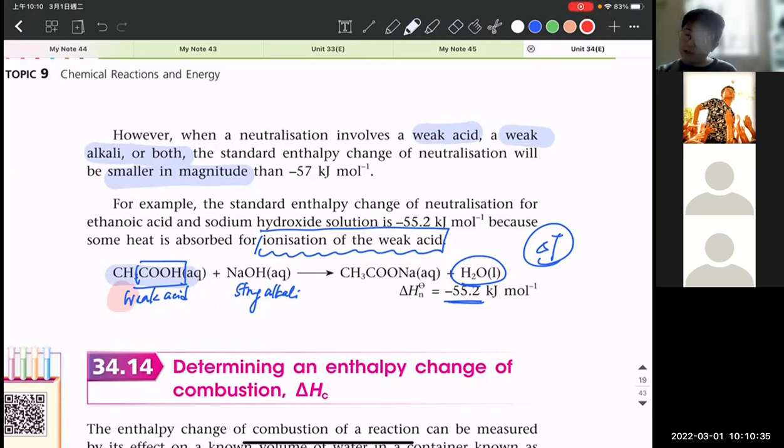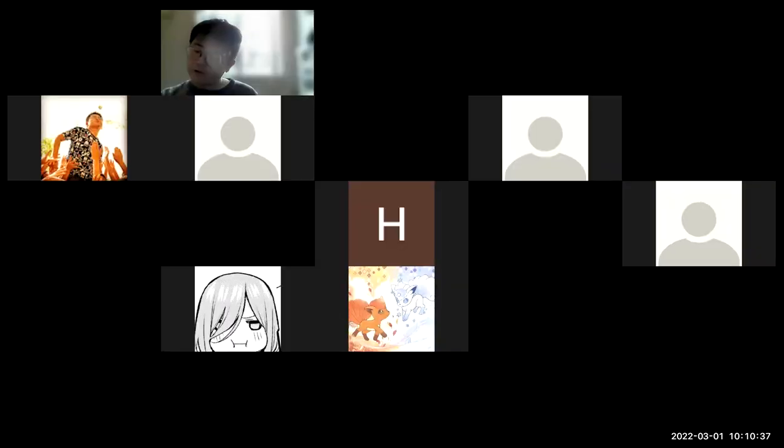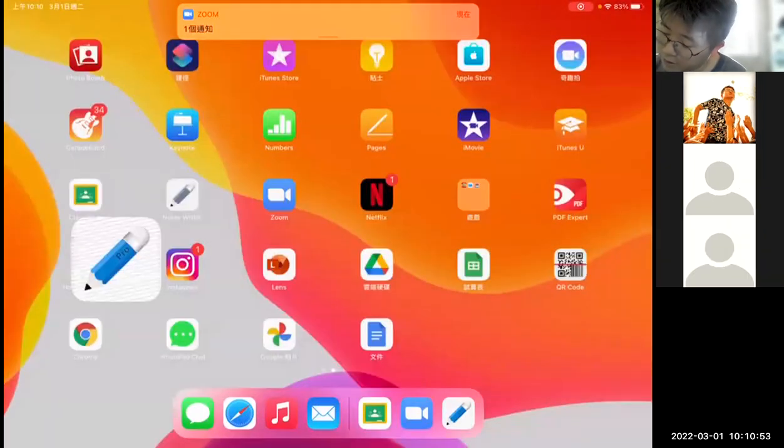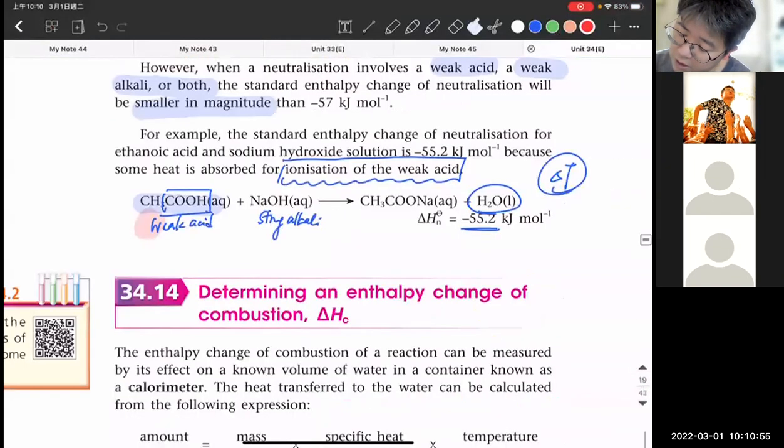All those other factors will affect the final delta T of the solution. So what will happen if I have finally this one? Now please check for me. Finally, before we end the lecture today, please check for me.